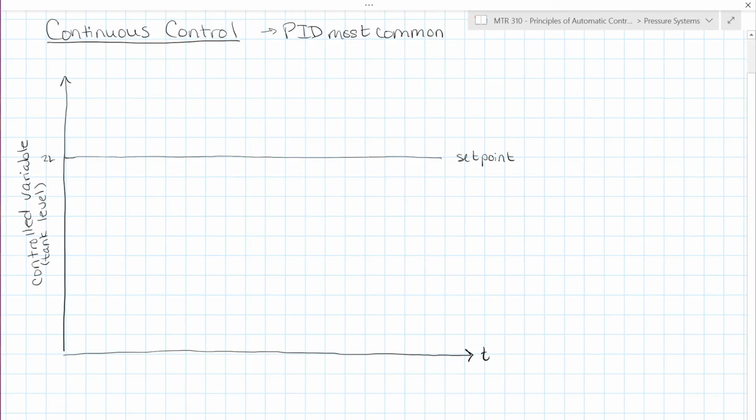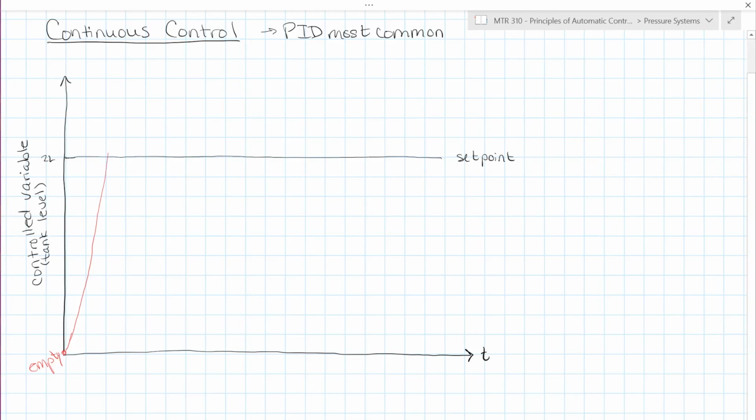So in this case, we're going to start out pretty much the same as we did with on-off control. So my tank is empty. And I have a huge error. I want to get to my set point as fast as possible, so I'm going to turn on my pump as hard as I can.